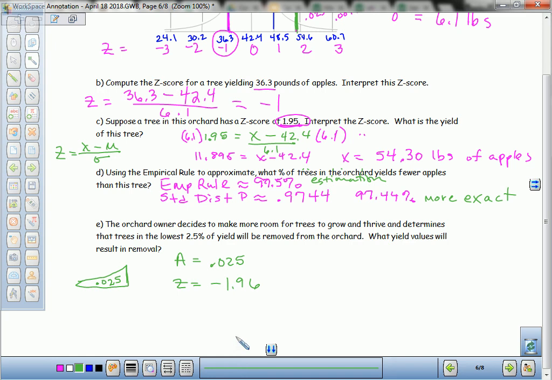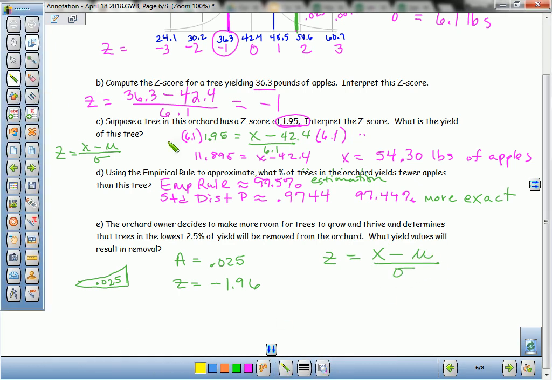All right, did I answer the question? Yes. I know I didn't. Because I can't go up to the farmer and say, Farmer, you need to get rid of all the trees that fall below a z-score of negative 1.96. What do I need to convert that to for the farmer? The number of pounds. How do I do that? Z equals X minus mean divide by standard deviation.